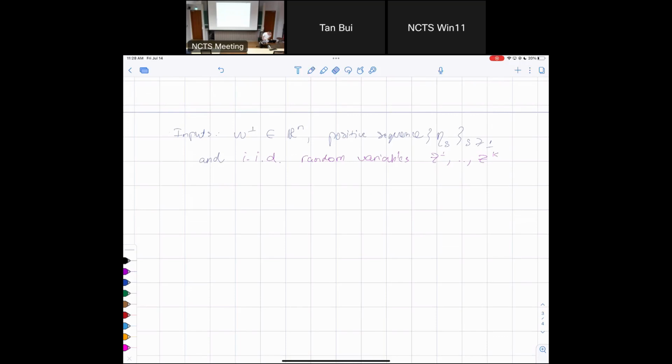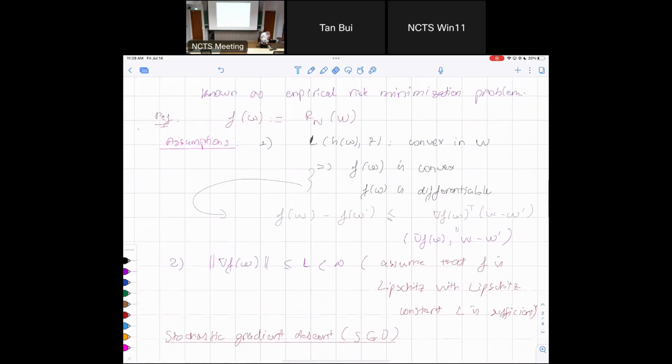Then the gradient descent loop is this: for S equal to 1 to K minus 1, we do this update. First we take the gradient. Sorry, not the gradient of f. Let me go back here a little bit.